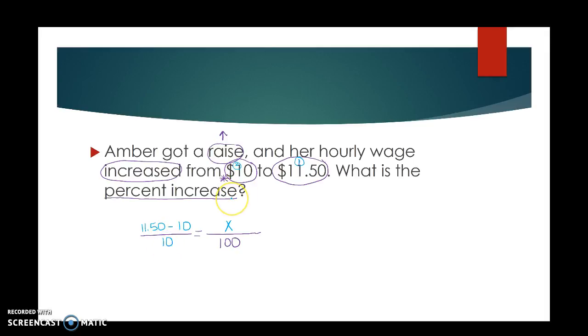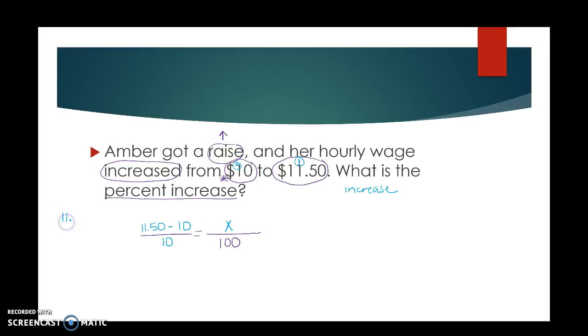And I'm going to make a note to myself. If we're going from smaller to big, it's getting bigger. This is a percent increase, and I know it says it in the problem, but maybe I'll notice it more if I write it out. So now I'm going to take my difference, or do the change. 11.50 minus 10.